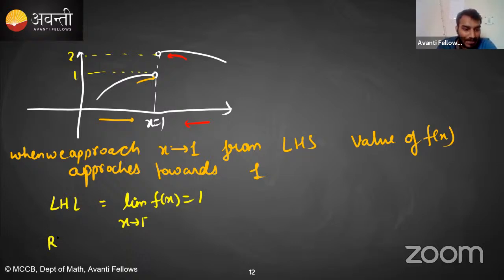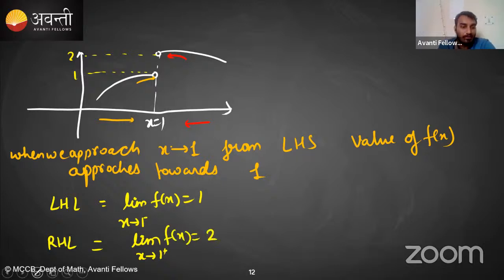Right hand limit means limit x tends to 1 plus, where 1 plus means I'm approaching the function from the right hand side, f of x, and the value is 2. So since it is a function, approaching from the left hand side and the right hand side should have the same value.